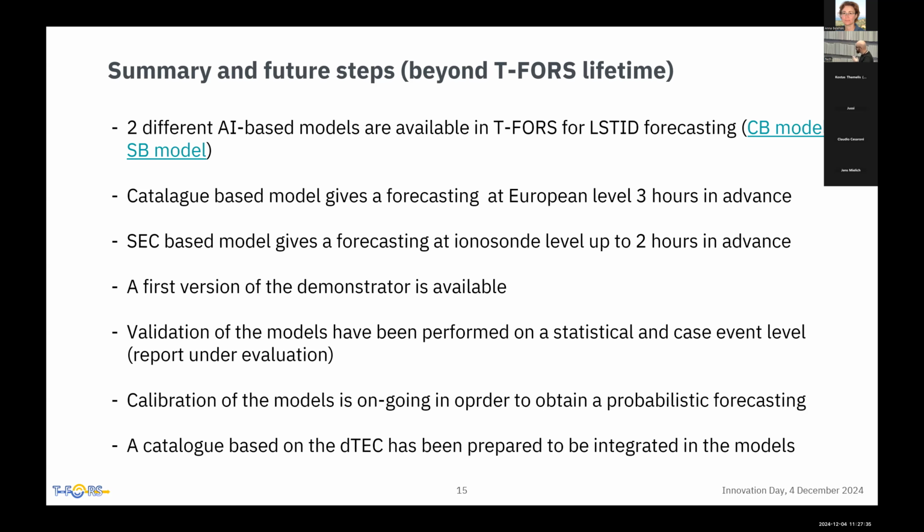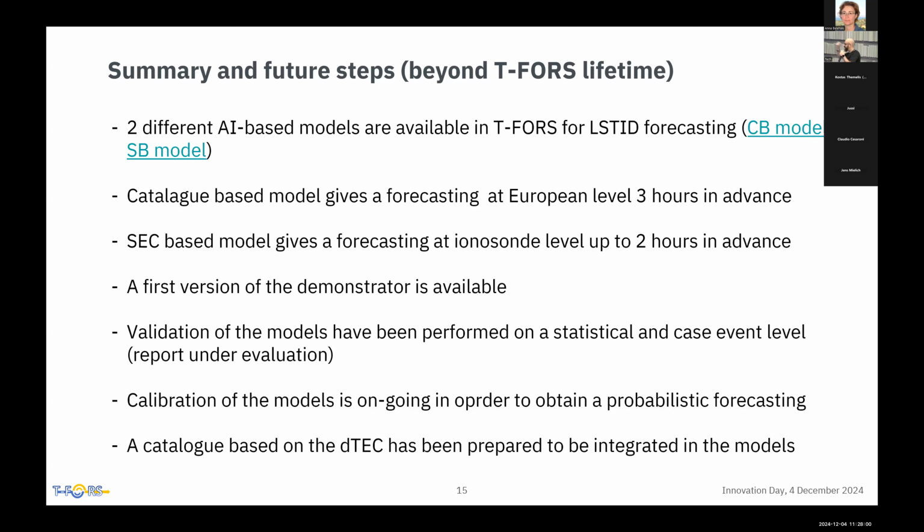Future steps, at least for the catalog-based model: we are in the process of calibrating the model. Actually, what the model gives you as output is a number. Then you can set a threshold to say, okay, below the threshold is no, above the threshold is yes. But with this calibration process, which is not an easy task, you can get a probability.